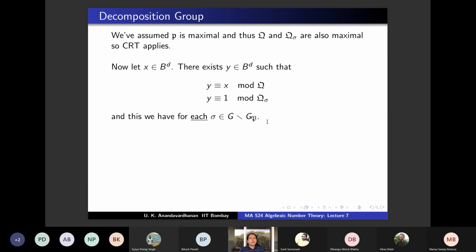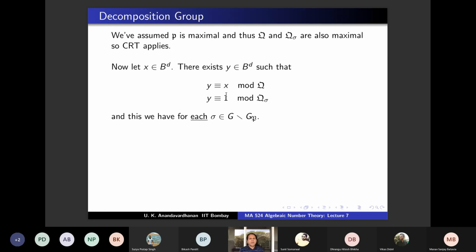So what do I need? Yeah, this is fine exactly as earlier. So all the distinct Q sigmas are mutually coprime. So I can take the collection Q and all the distinct Q sigmas, and I can apply Chinese remainder theorem together.